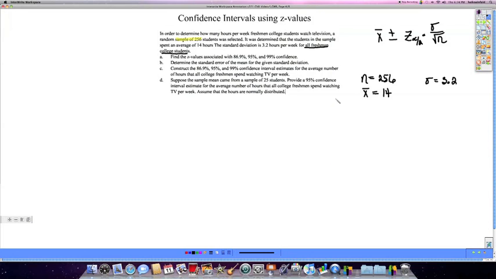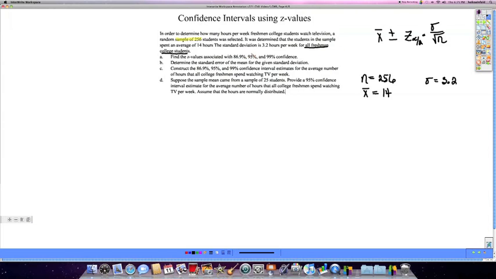Now, A says, find the z-values associated with the 86.9%, 95%, and 99% confidence levels. Now, I need to explain where those things come from. It is true that there is a page in the text that gives a brief chart of some common confidence levels. It is on page 319 at the top of the page.